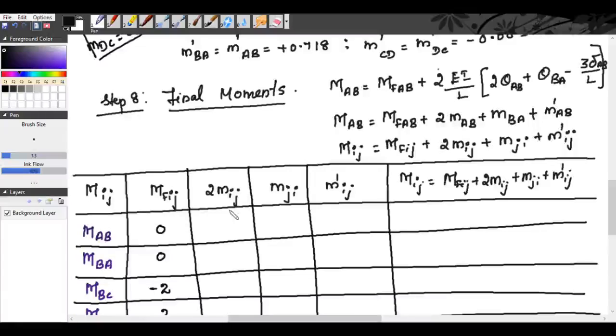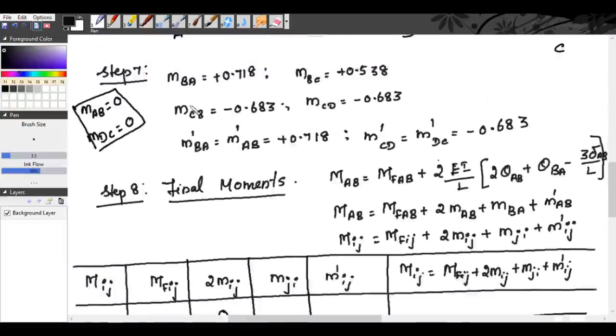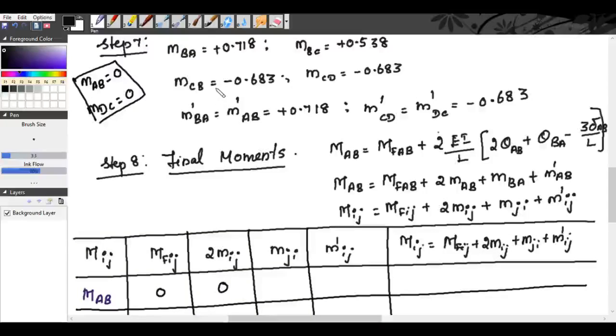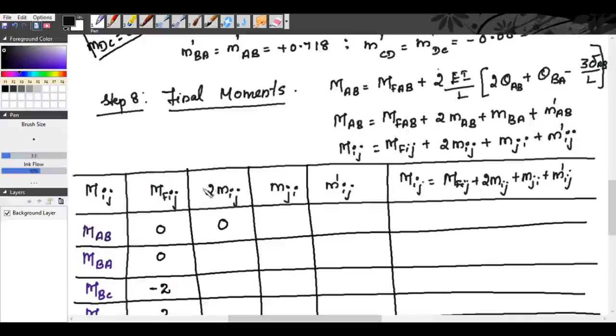So 2MAB is equal to 0. 2MBA is equal to plus 0.718 into 2, we get plus 1.436.